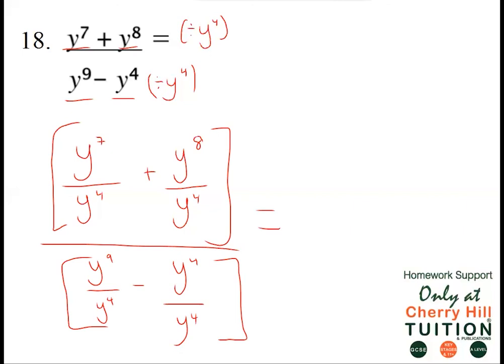Now, the numerator, the first term, we are taking the powers away because we are dividing, leaving us with y to the power of 7 minus 4 plus y to the power of 8 minus 4.